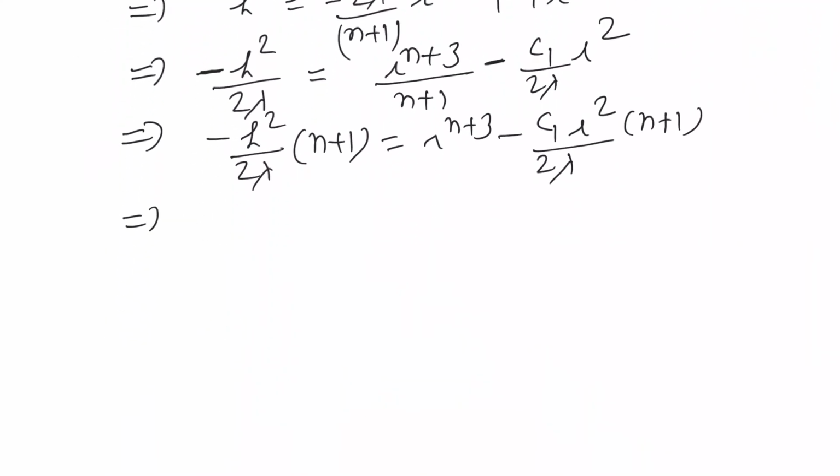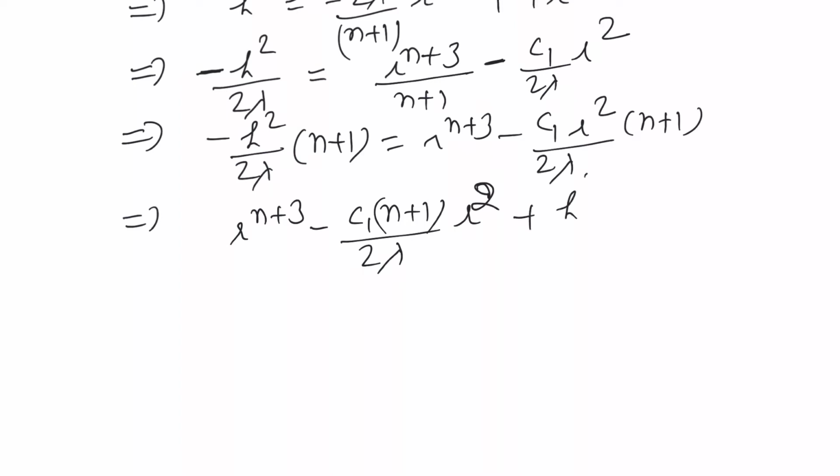This implies that, now transposing this from left to right, we get r raised to the power n plus 3 minus c1 (n plus 1) by 2 lambda r square plus h square (n plus 1) by 2 lambda equal to 0.